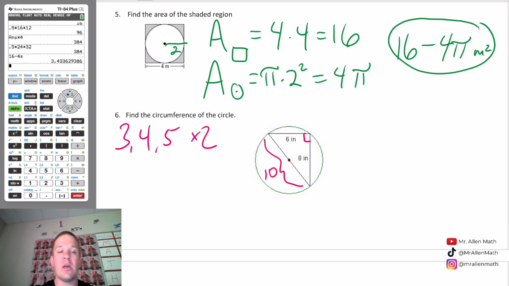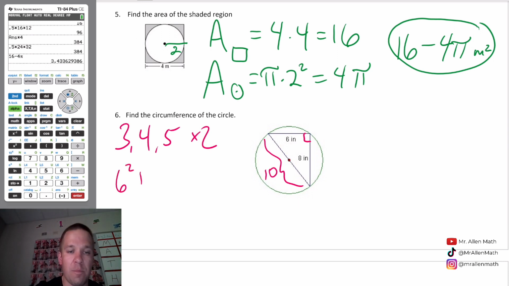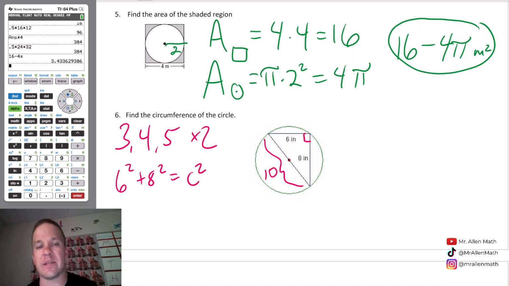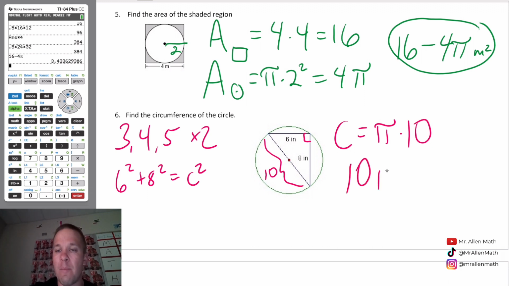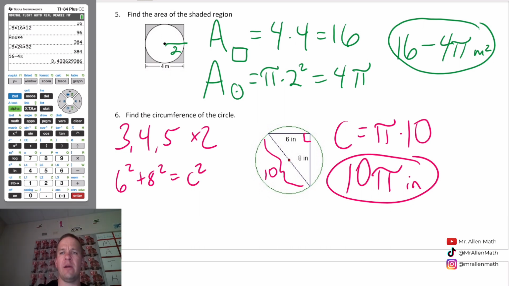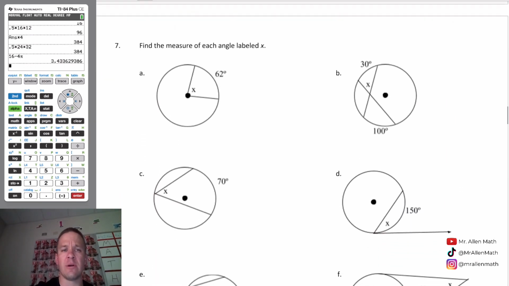If not, you can hit it with some Pythag of 6 squared plus 8 squared equals c squared, or your diameter squared in this case, and solve. So now I have my diameter. Circumference is equal to pi times diameter, or 2 pi r, but either way, we're going to get 10 pi for this one. Inches. All right, cruising through circles.